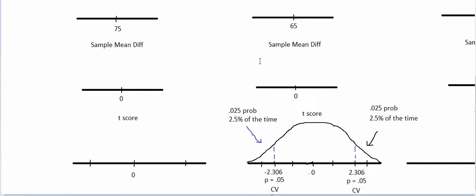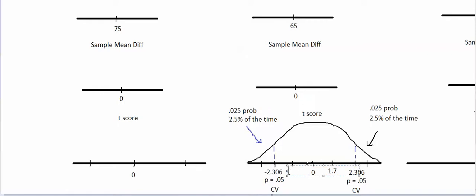What I want you to do next is to pick some number that's lower than the critical value. I'll use 1.7. Use a number that's a little bit different than 1.7, but it can be close, like 1.6 or 1.8.